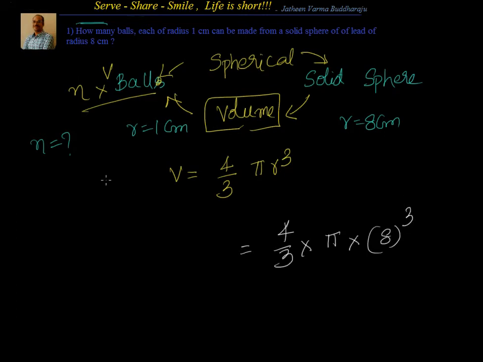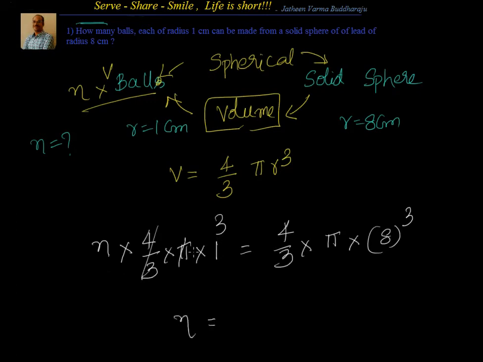Now this volume should be equal to the volume of all the balls together, because we are trying to get the balls from the solid sphere. I don't know how many balls, so I will say n, and each ball's volume is 4 by 3 into pi into 1 cube, since the radius is 1 centimeter. Now we have to find the n value.